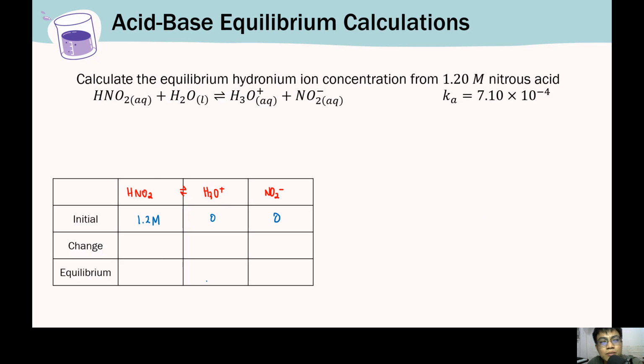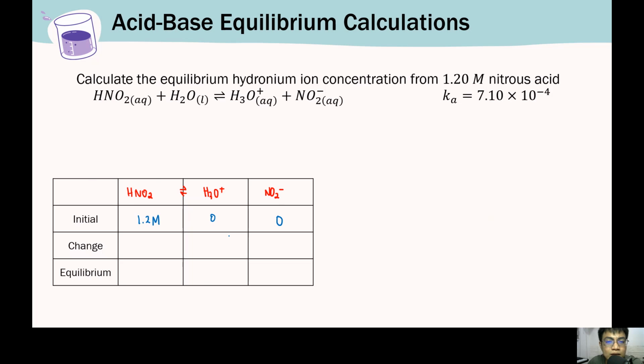For the change, basically this is just the direction of the reaction. You can use the reaction quotient and compare it with the Ka to know the direction of the reaction. Pero ganito na lang, as a shortcut, kung nasan yung 0, dun pupunta yung reaction. For example, in this problem, we don't have any products at all. So 0 sila, so ibig sabihin, the reaction is going to the product side.